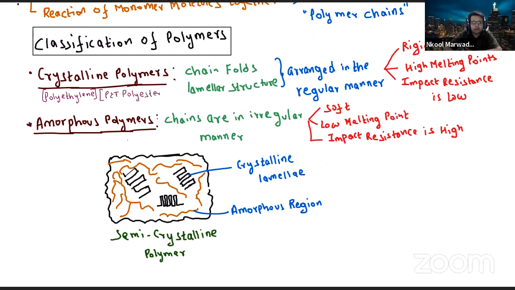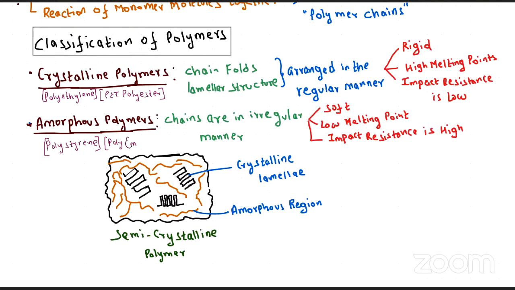And for amorphous polymers, we have examples like polystyrene and polymethyl methacrylate.